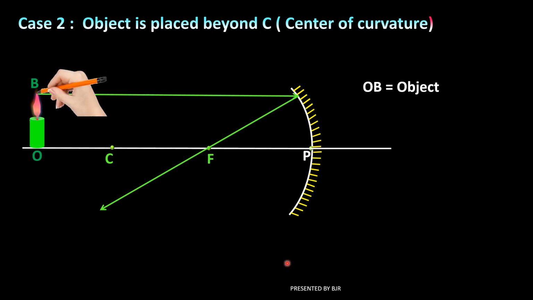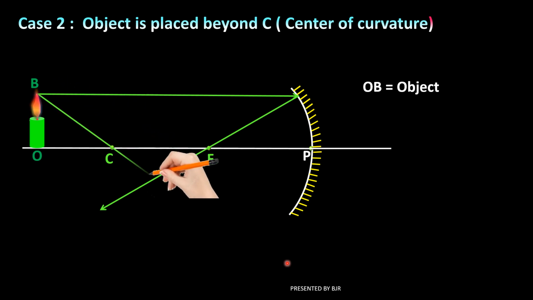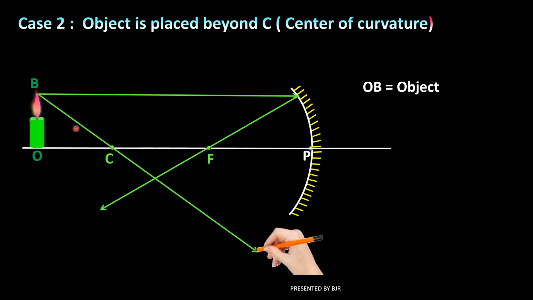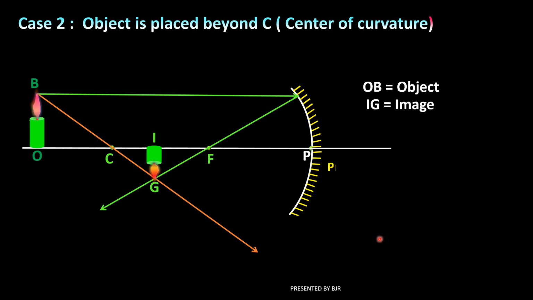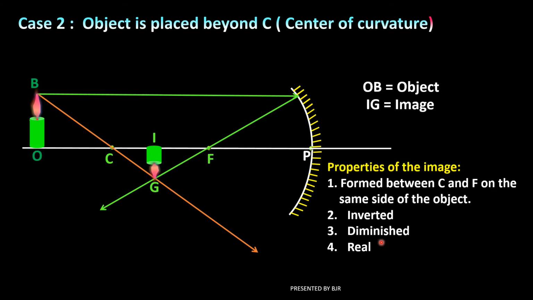I am drawing the second reflected ray, and this is the second reflected ray, not the incident ray. And these two rays are intersecting here, hence the image will be formed here. IG is the image. So here are the properties I already explained, no need to explain again. This is about case 2.